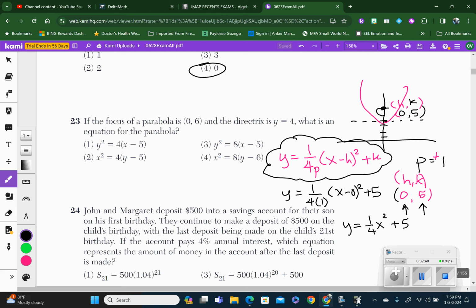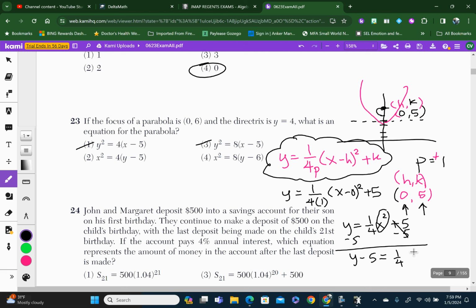And then I have to see which one is the same as that. And so let's see. So this one gets the y squared. So the y squareds are wrong, right? The only thing that's getting squared here is my x. So if I subtract 5 from both sides, this cancels out. Y minus 5 is equal to 1/4 x squared.